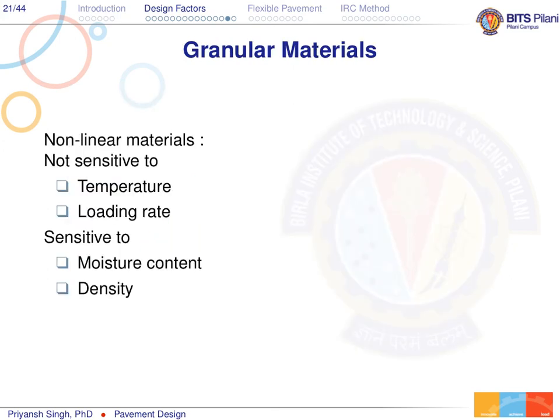Granular materials are also assumed to be non-linear and not sensitive to temperature and rate of loading, but they are sensitive to their moisture content and density. If you have a high amount of moisture present in the soil or granular material, its stability will decrease.